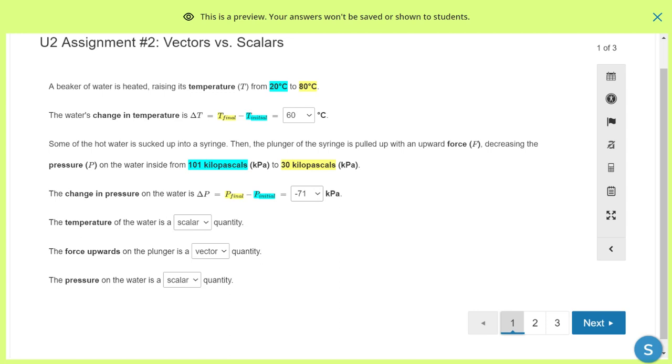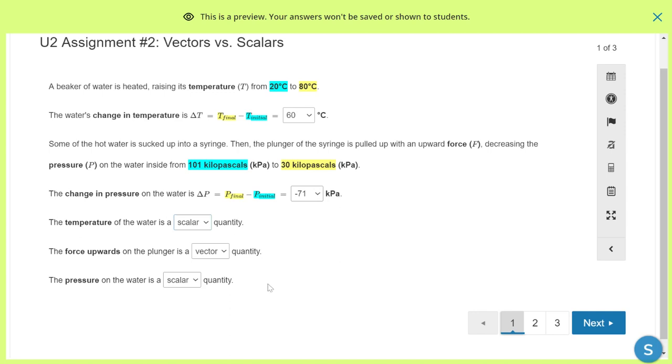So that pressure is on the inside of the balloon. It has a specific amount of pressure, but we don't bother saying exactly where that pressure is pushing, because it's in a lot of different directions, or going across a wide area. It's not just one single direction. We can't just put an arrow to show exactly where the pressure is pointing.